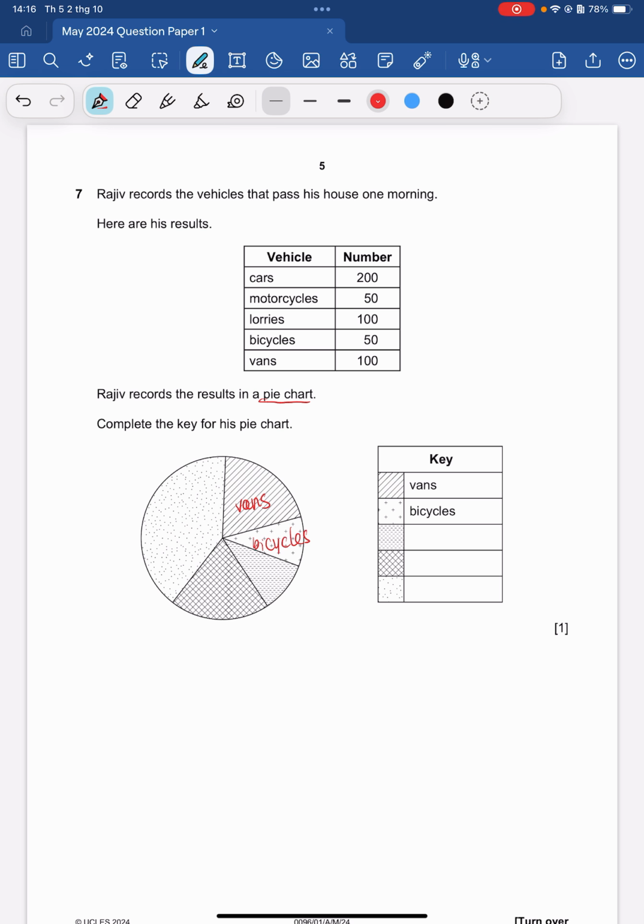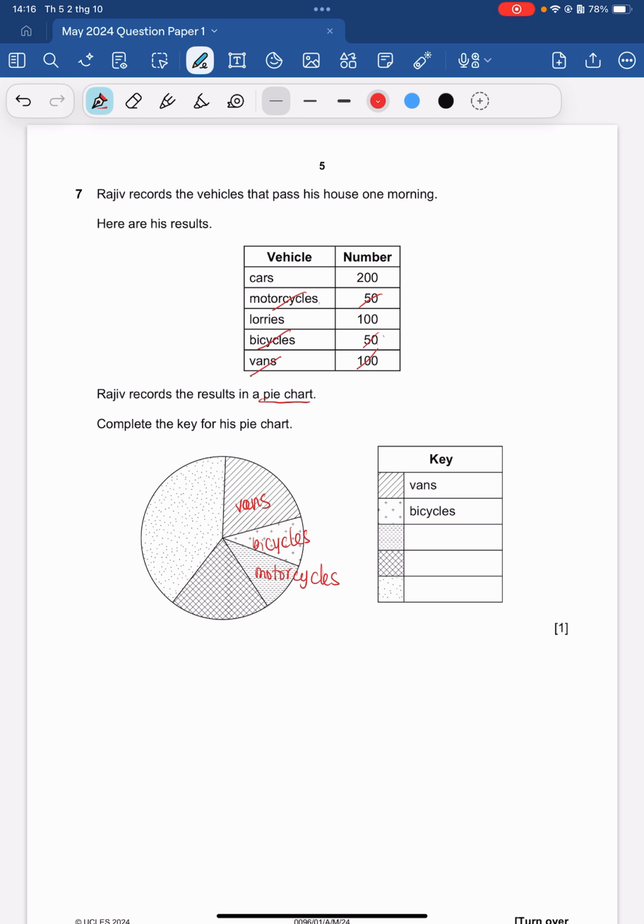Okay, so to convert to a pie chart, you need to know how many percent for each vehicle, right? So vans and bicycle we finished already, because you can see bicycle and motorcycle will be the same, right? So I think that should be motorcycle, because they have the same. Next, a lorry would have the same as van.